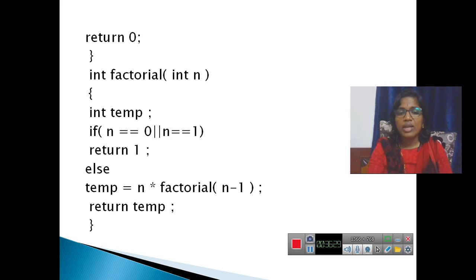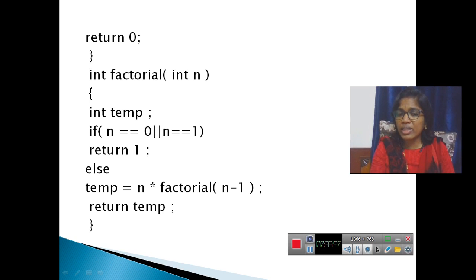If n equals 0 or n equals 1, return 1. That means the factorial of 0 or 1 is 1. So return 1. Else make temp equal to the result. If you are calling it as 5, it is 5 into factorial of 4.